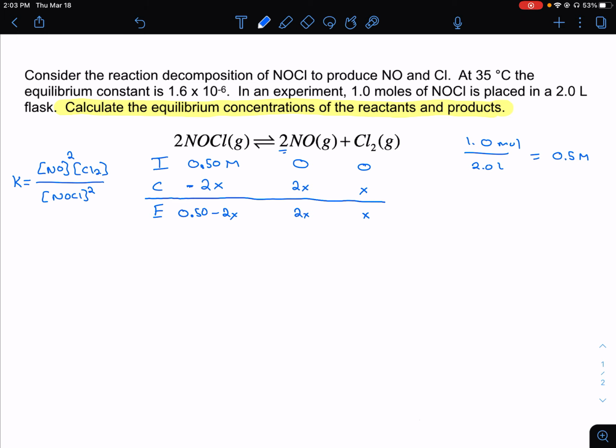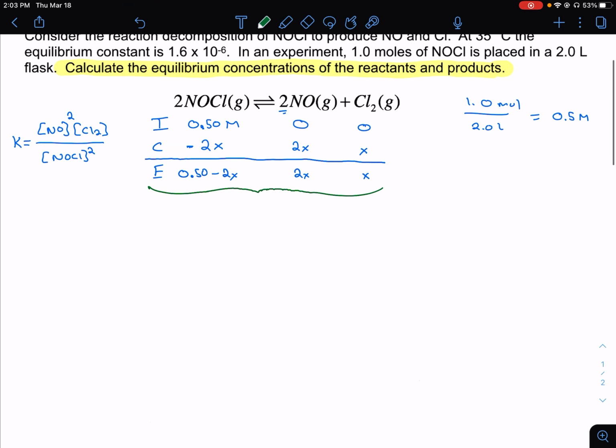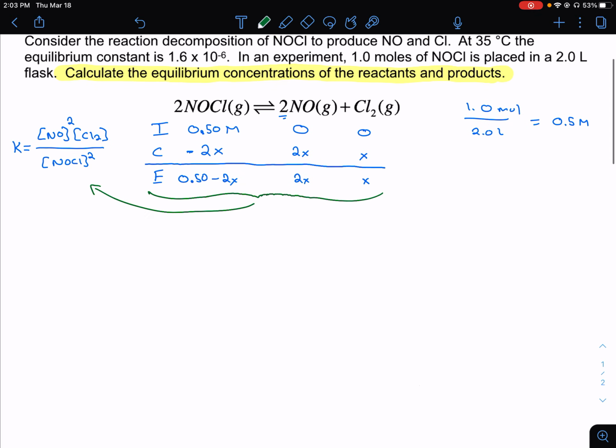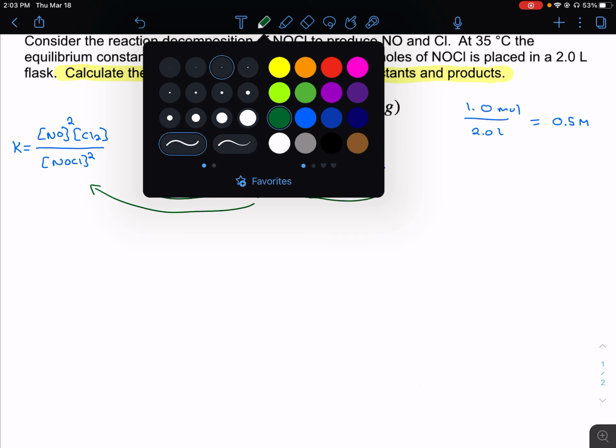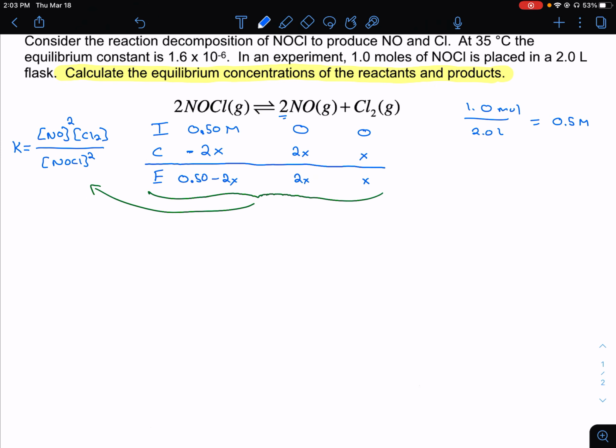Next, we're going to take these expressions for our equilibrium concentrations, and we're going to substitute them into our expression for K. And so we can rewrite our K, and remember, this is where we can put our value. K, we know, is 1.6 times 10 to the minus 6th, and it's equal to the concentration of NO squared.